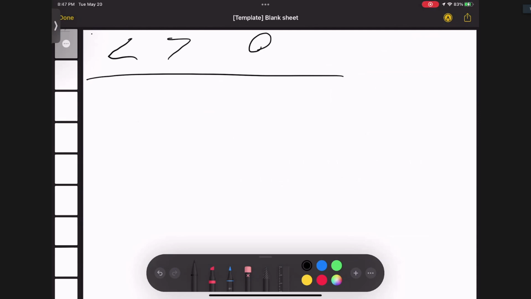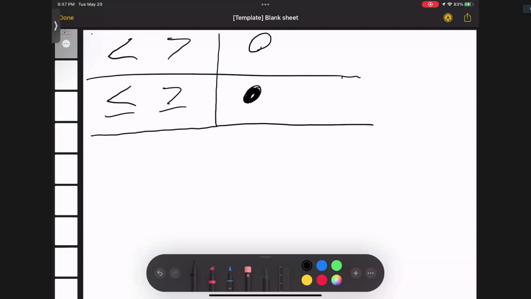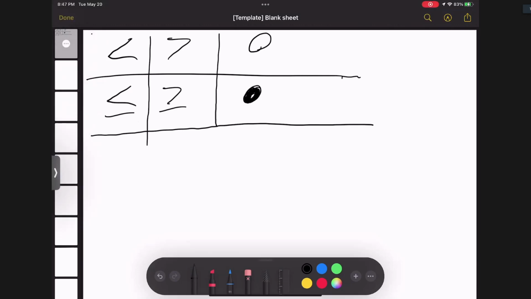When you have a line underneath, that means it's going to be a closed circle. It's going to be included. I want to add to this chart later on. You're going to see what I mean in a moment. We're going to expand on this part right here later on.